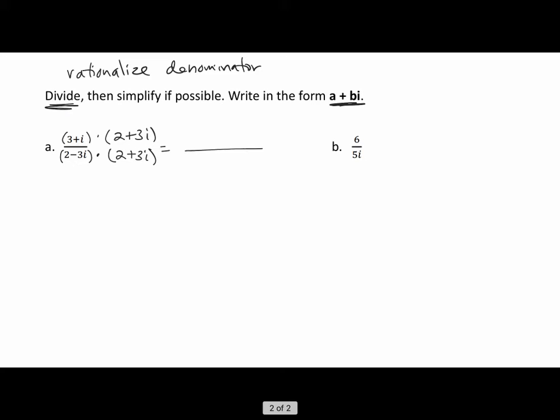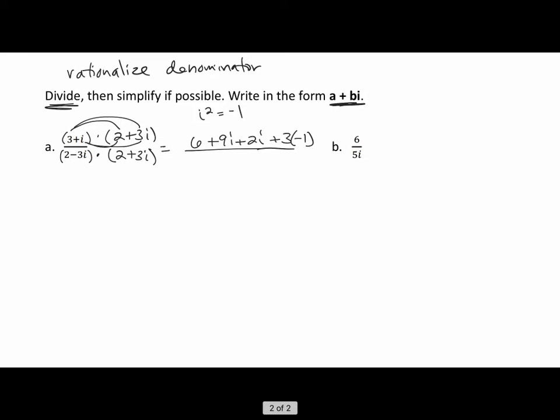And so in the numerator, we're going to distribute each term. 3 times 2 is 6. 3 times 3i is 9i. i times 2 is 2i. And i times 3i is 3 times i squared, which is -1.